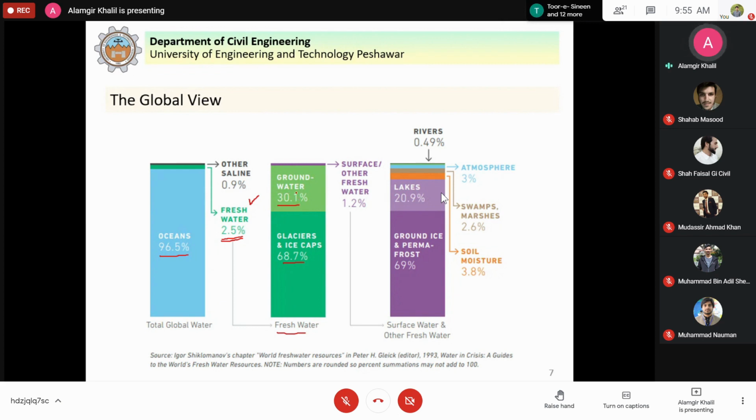We have to pump the groundwater. So it means that the water which is available, for example, in lakes or in rivers, that is just 1.2%. If we make this 2.5% 100%, you can see here that of that 100%, only 1.2% of water is the surface or other fresh water that is directly available to us.